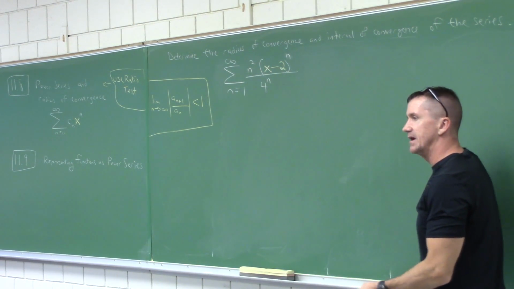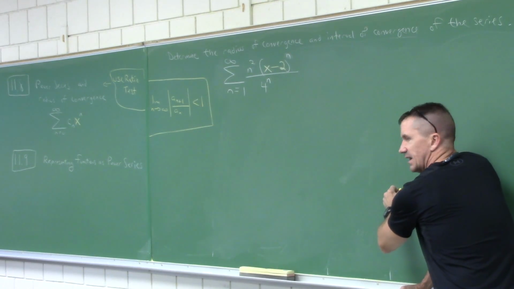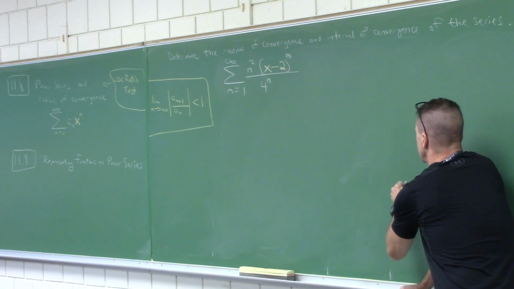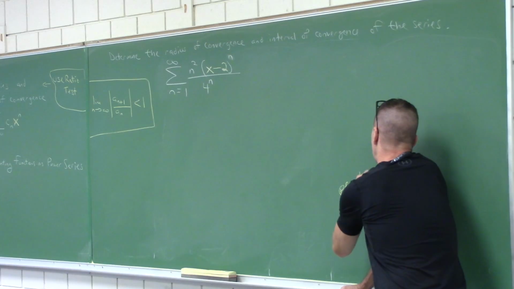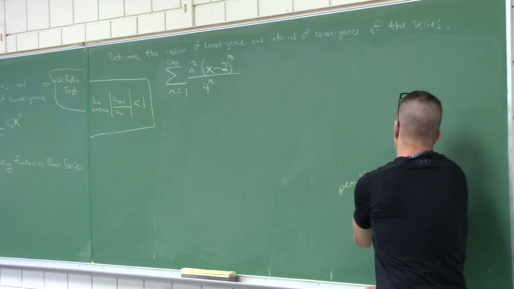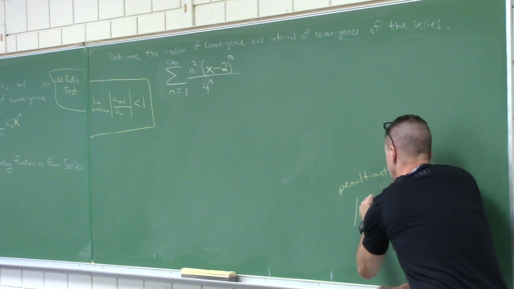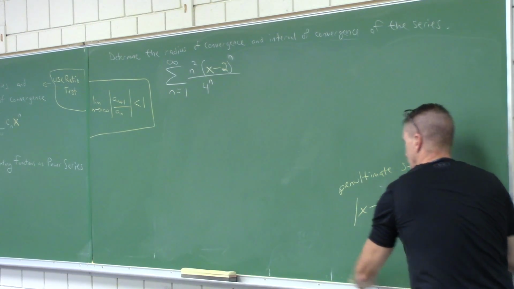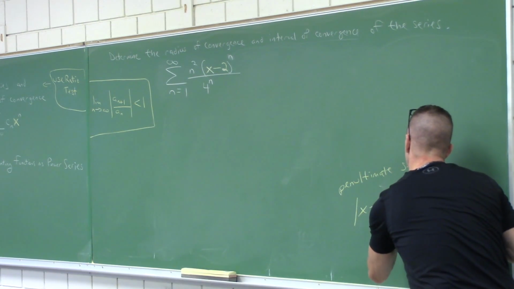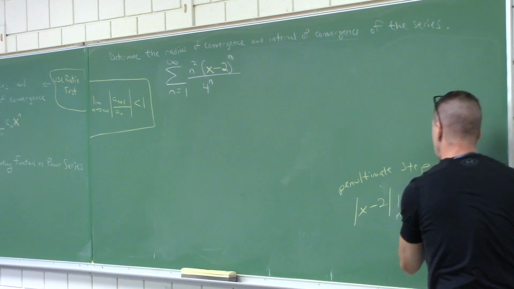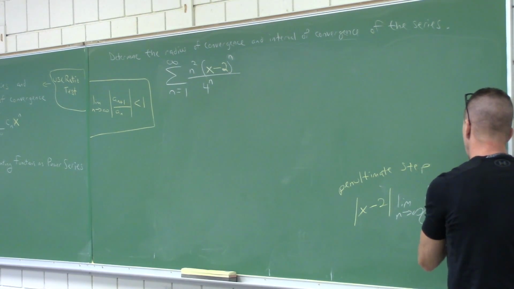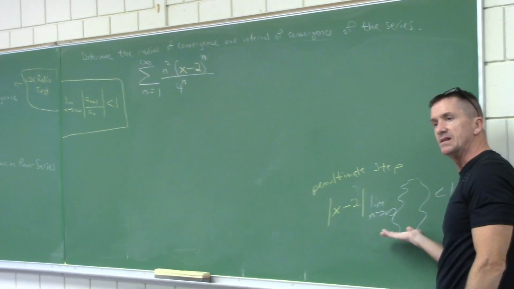So when you know you're gonna have the end, I'll call it the penultimate step. In your penultimate step to the problem, you're gonna have this written. You'll have something like this, and you'll be getting that limit, just like before. There'll be a limit as n goes to infinity. There'll be a bunch of junk here, and you'll be writing this. That'll be the second to last step.